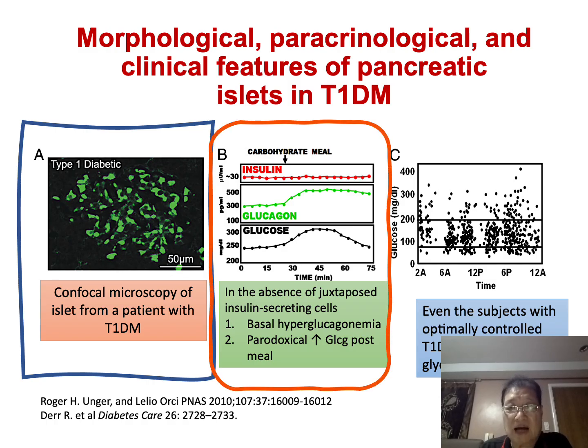B. In the absence of juxtaposed insulin-secreting cells, basal glucagon levels are increased, and they increase further in a paradoxical response to hyperglycemia from a carbohydrate-containing meal, thereby worsening the basal hyperglycemia. C. Even in the subject with optimal control, type 1 DM exhibits severe glycemic volatility.